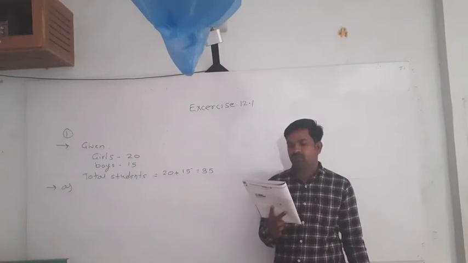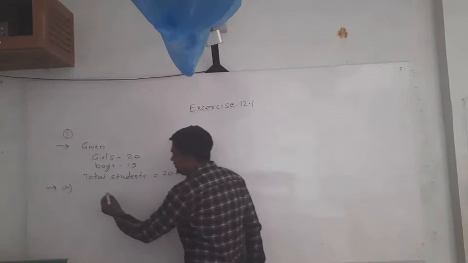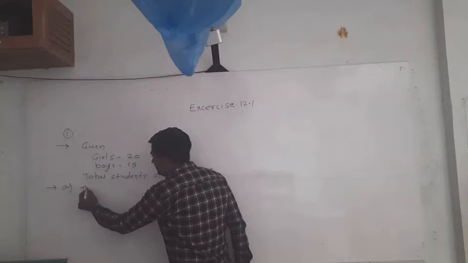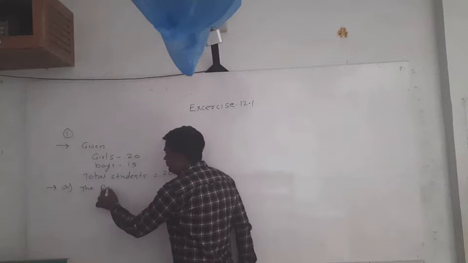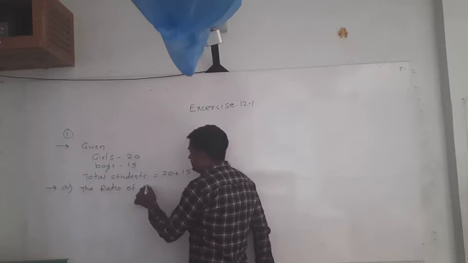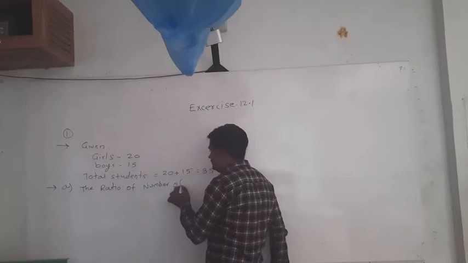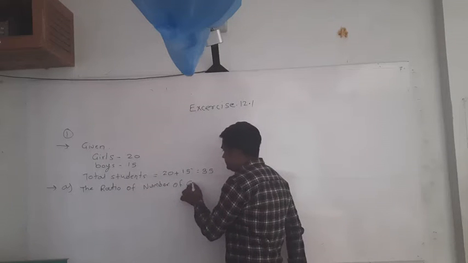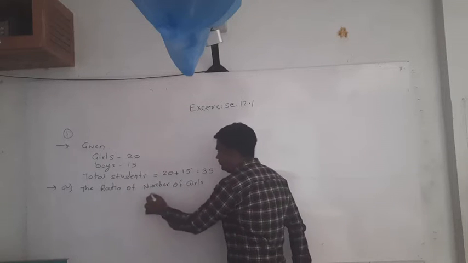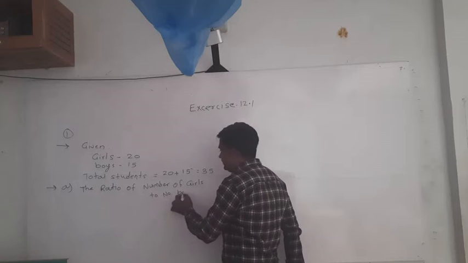What is the ratio of the number of girls to the number of boys? So you want to find here the ratio of number of girls to number of boys.